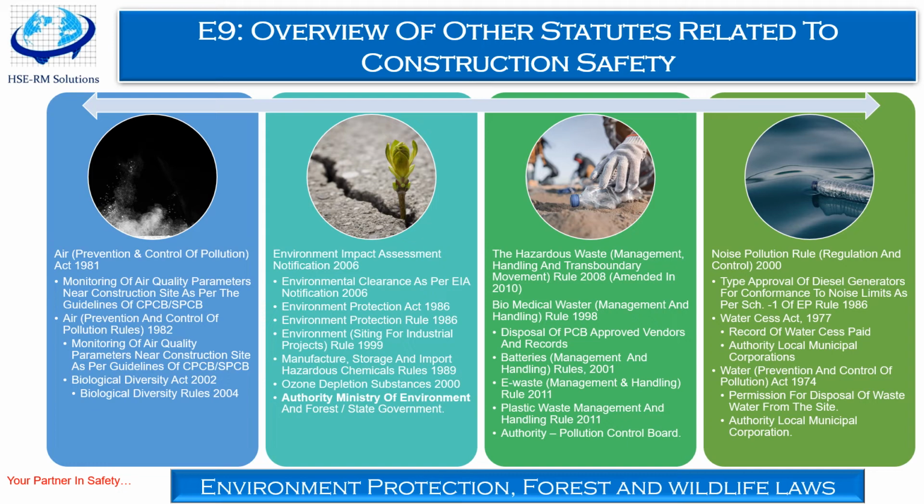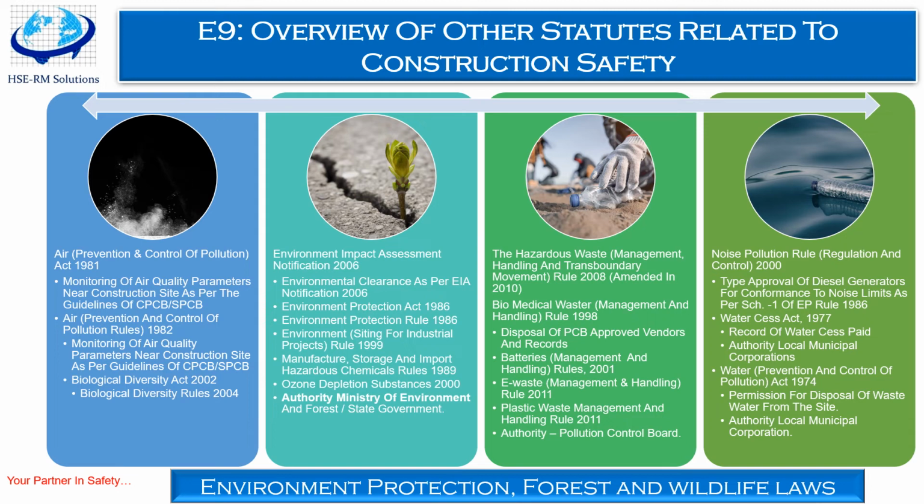Now the Environment Protection Rule is a rule for protecting and improving the quality of the environment and preventing and abating environmental pollution, with standards for emission and discharge of environmental pollutants for industry operations or processes. Then there is the Environment Impact Assessment Notification 2006. It enforces restrictions and prohibitions on new activities, or the expansion or modification of existing projects, based on their potential environmental impact.